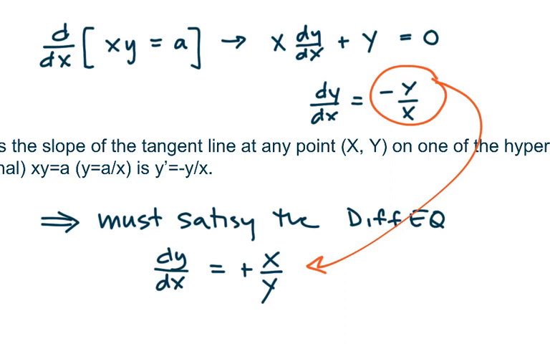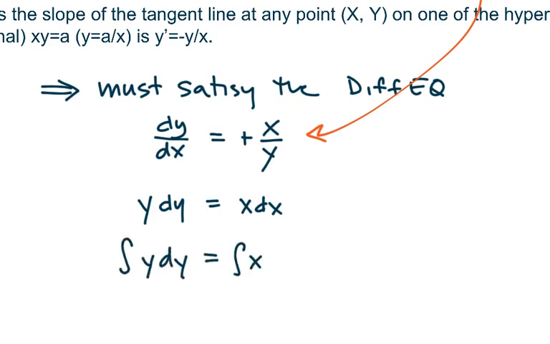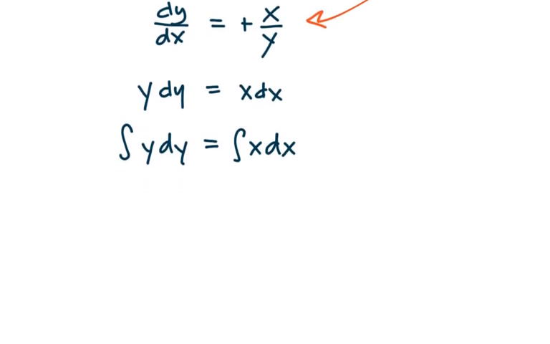So at this point, we're going to solve a separable differential equation. We'll take this equation, and that's the same as writing y dy equals x dx. We can integrate on both sides. The integral of y dy equals the integral of x dx. Integrating both of those, we get 1/2 y squared equals 1/2 x squared plus c.